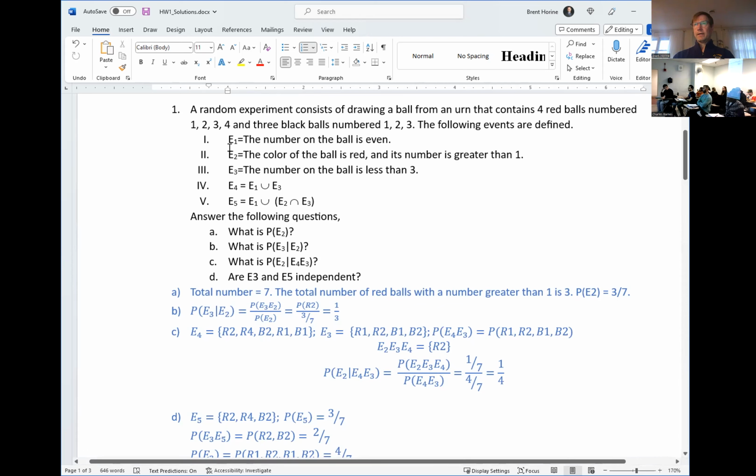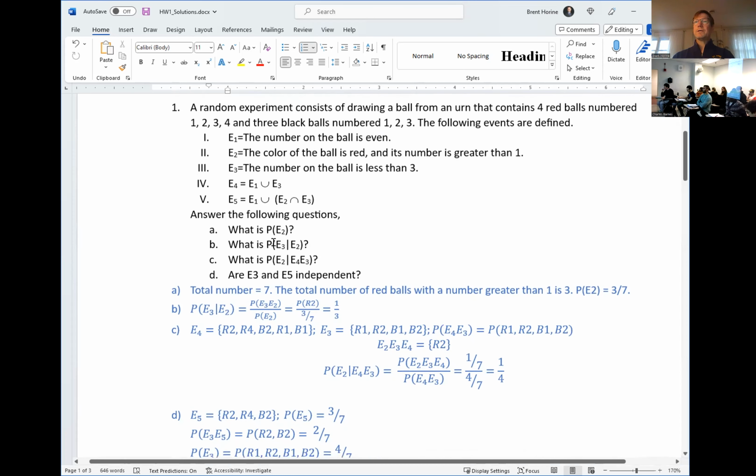And then event 2, this is both the color of the ball is red and the number is greater than 1, right? So that's an intersection we're talking about there. So now what is the probability of event 2?